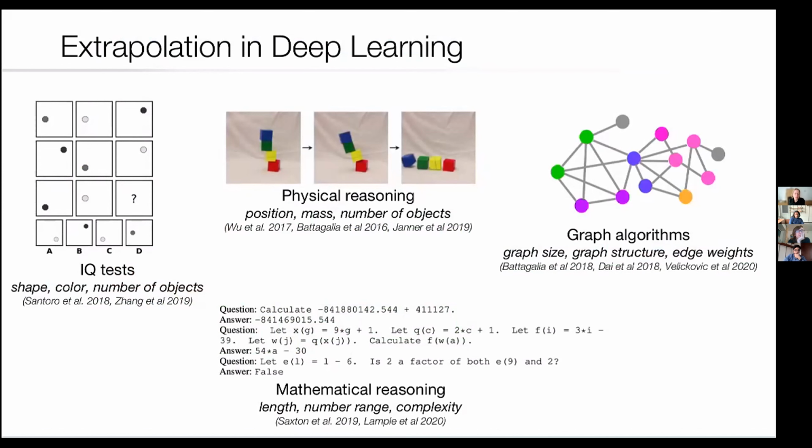When you think about physical reasoning, meaning I have a set of boxes and I see how they are evolving, and I have to predict the next state, once I have learned these interactions and these physical rules, I would think it extrapolates to different positions, different masses, 5 boxes instead of 4, etc. In graph algorithms, it would mean that if I have learned a graph algorithm and I give the network a larger graph, a graph with different edge weights, with maybe node features in a different range, like different distances on the edges, then it should still work because it has learned the algorithm.